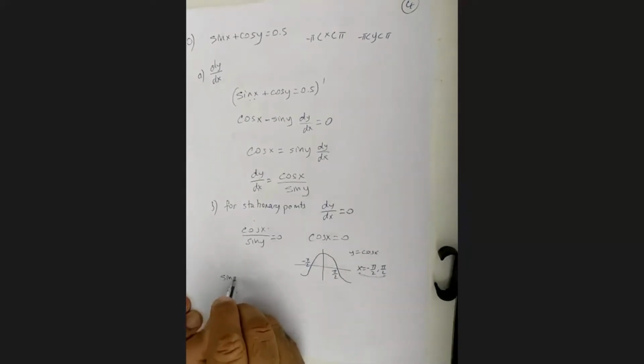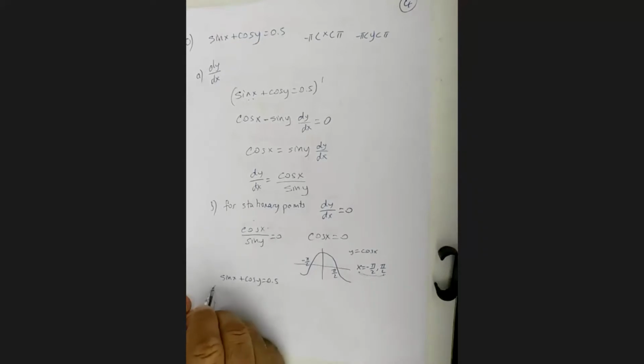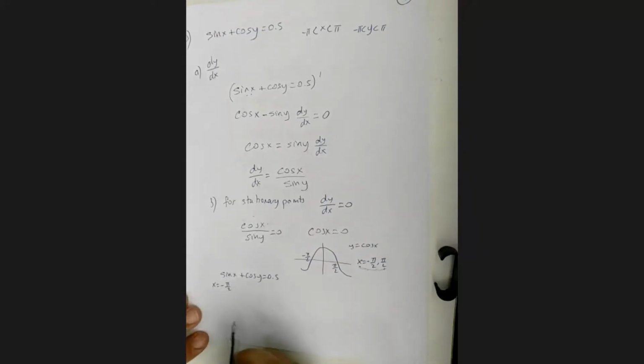What was the equation? Sin x plus cos y is equal to 0.5. When x is equal to minus pi over 2, sin negative pi over 2 plus cos y is 0.5.